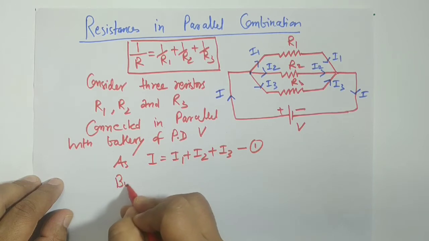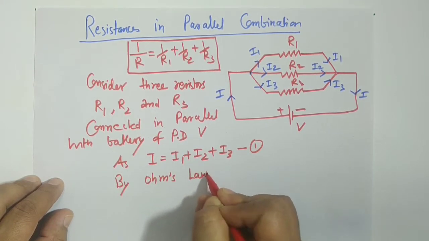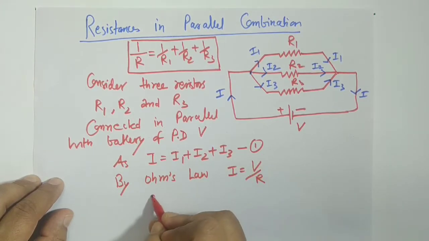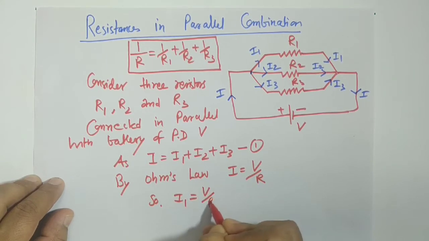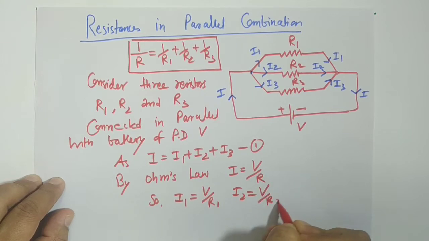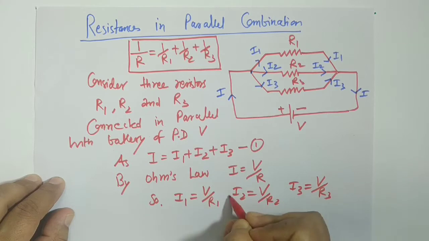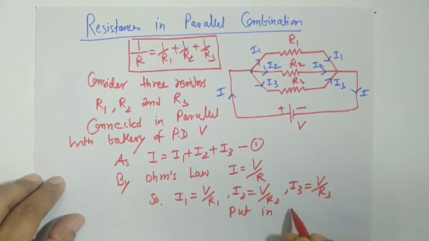Now by Ohm's law, V equal to IR, we can say I is V by R. So individually, I1 will be V by R1, I2 will be V by R2 and I3 will be V by R3. We put it in the first equation.